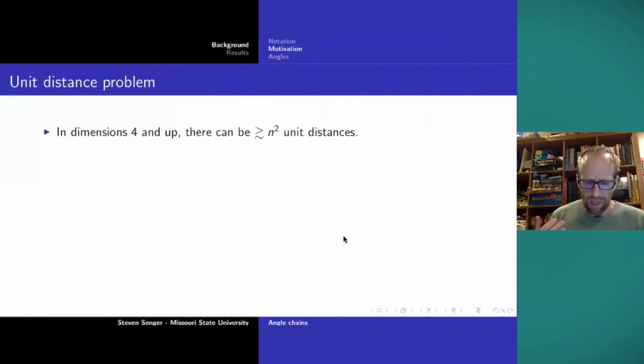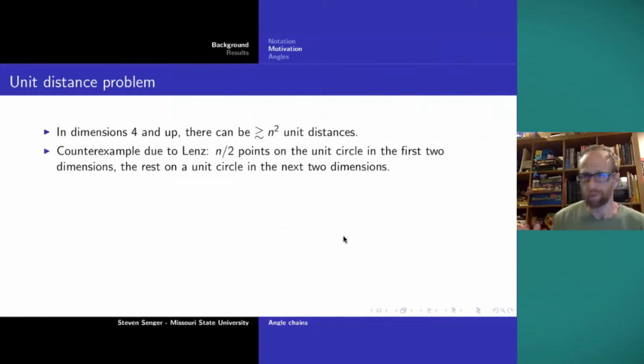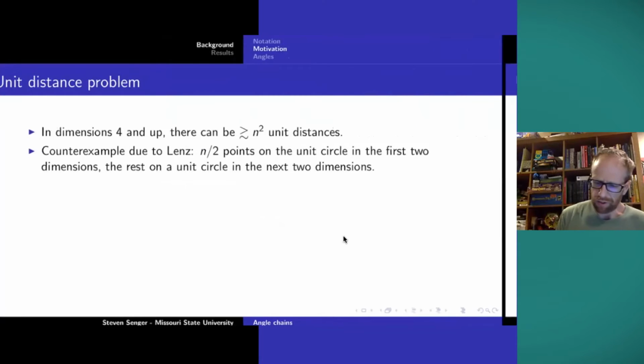And probably many of us are familiar with the Lenz example, which says in dimensions 4 and up, without further restriction on the point sets, there can be the trivial amount, which is as many as n squared unit distances. This is trivial because there are n squared ways to choose a pair of points. Lenz's counterexample is n over 2 points on the unit circle in the first 2 dimensions, and the rest on a circle in the next 2 dimensions.